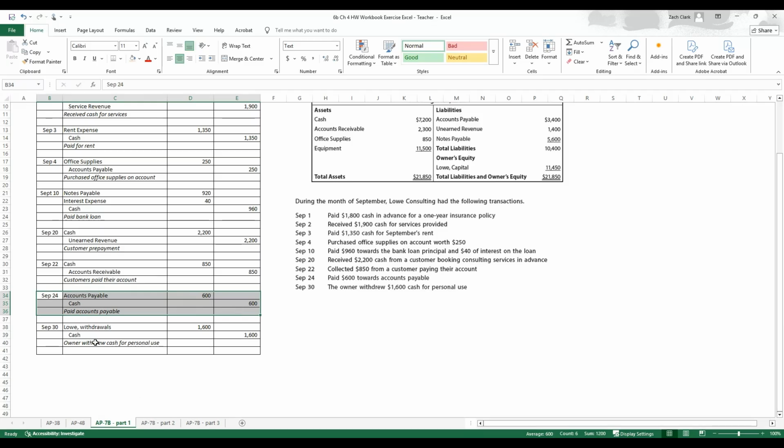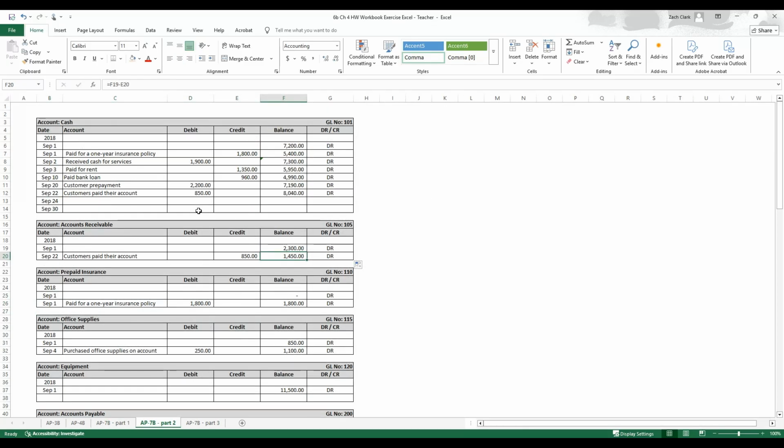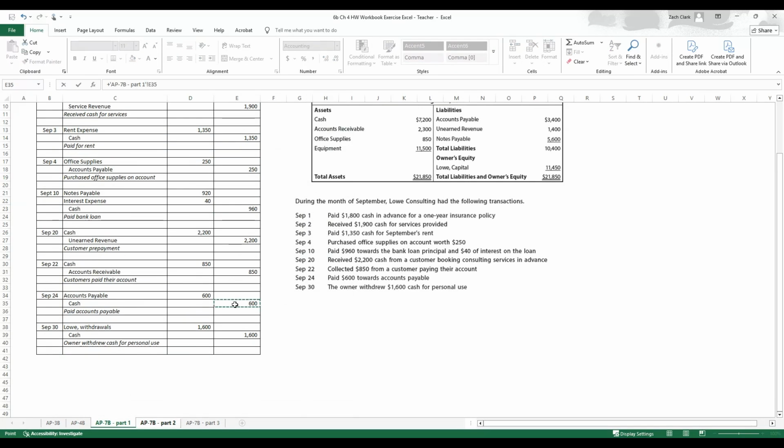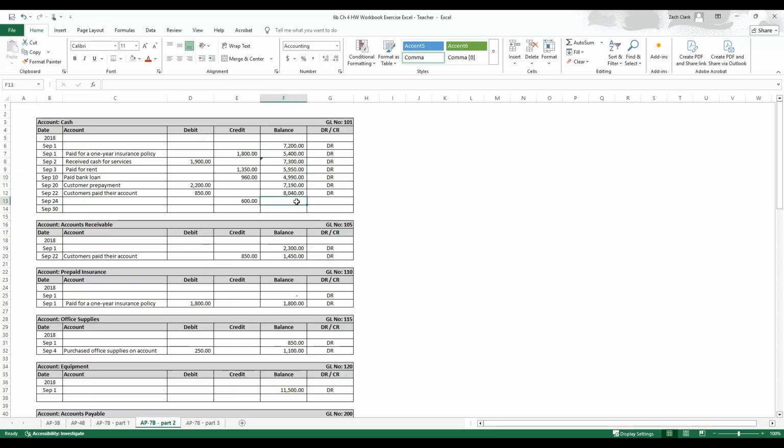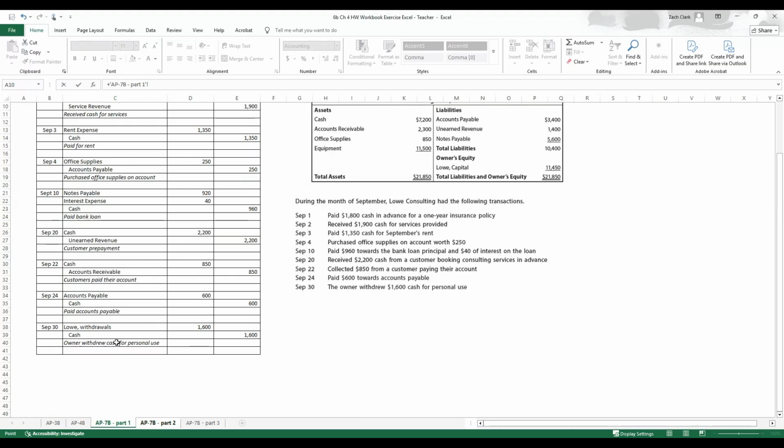Here we're reducing a liability and paying cash. So cash is being credited for 600. So we're going to reduce our balance there. And let's not forget our explanation.